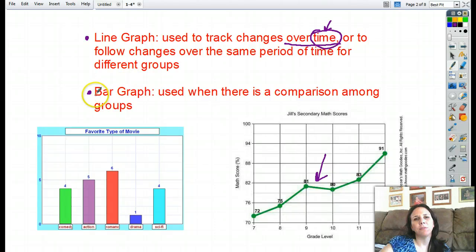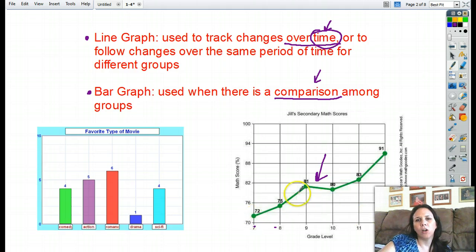Now, a bar graph, the main thing you're going to be looking for here is the word comparison. So that's our keyword for bar graphs. There is no link between one thing and the next, unlike in a line graph, where there is a link. Like on this graph, it says math score percent, grade level, 7th grade, 8th grade, and so on up to senior year.